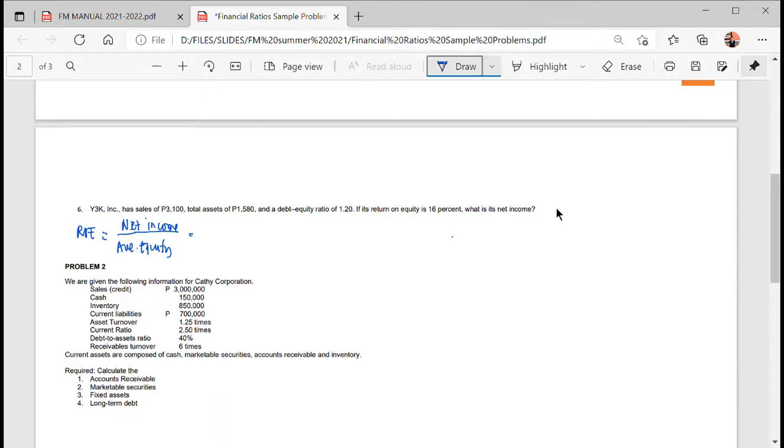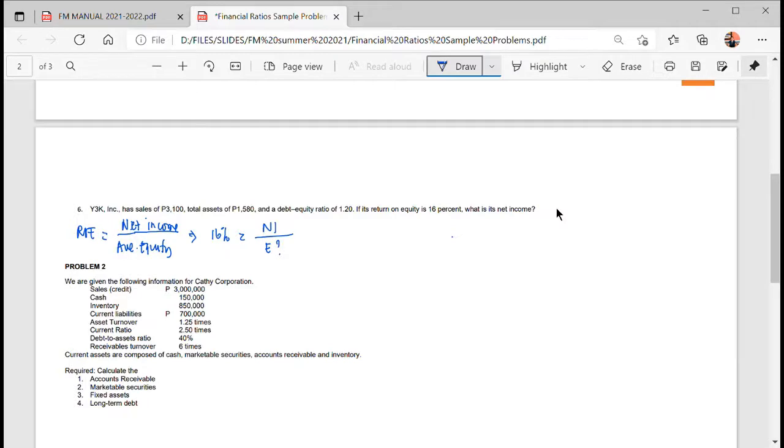Your ROE is given, so this is 16%. The net income would be computed. So for the average equity, you need to know how much our average equity is. So how do we get the average equity?